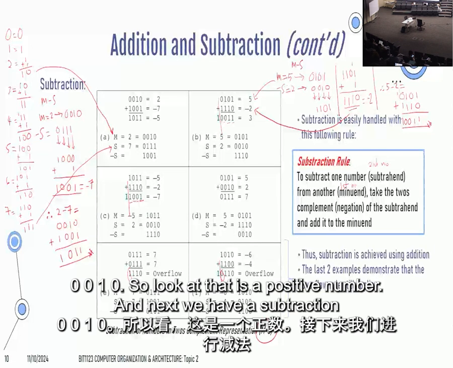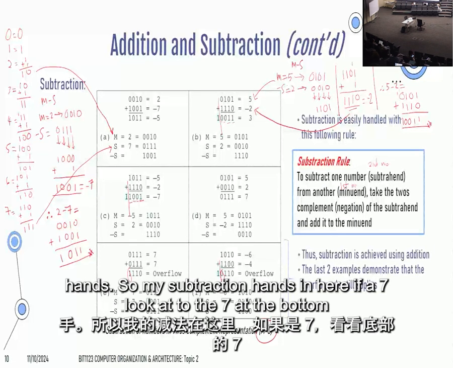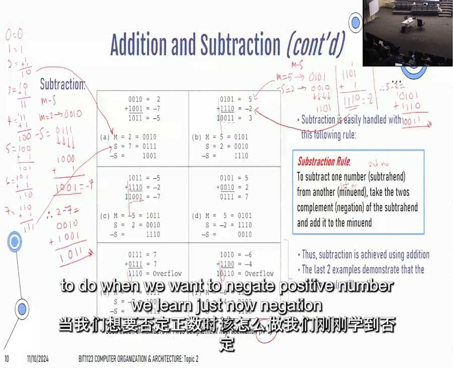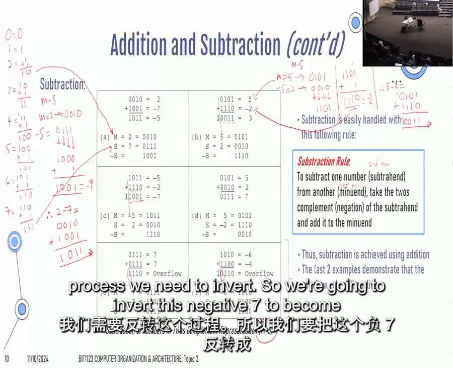And next, we have the subtrahend. My subtrahend here is 7. Look at the 7 at the bottom: 7 is 1, 1, 1, triple 1. But this is a positive number. Therefore, when we want to negate a positive number, as we learned just now in the negation process, we need to invert.